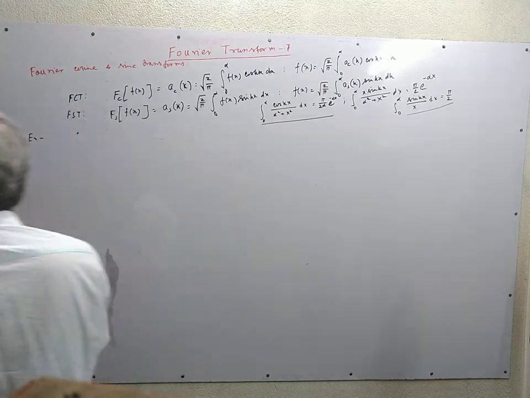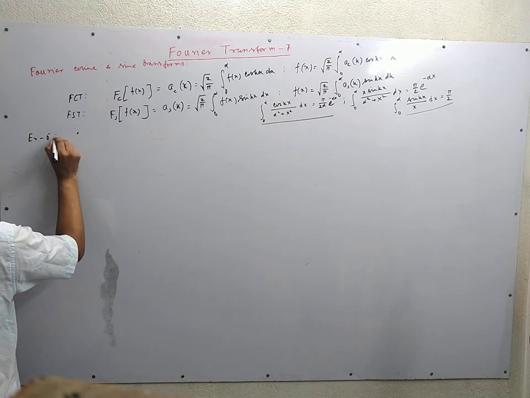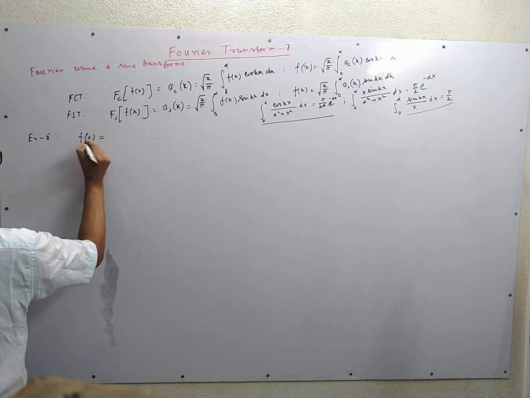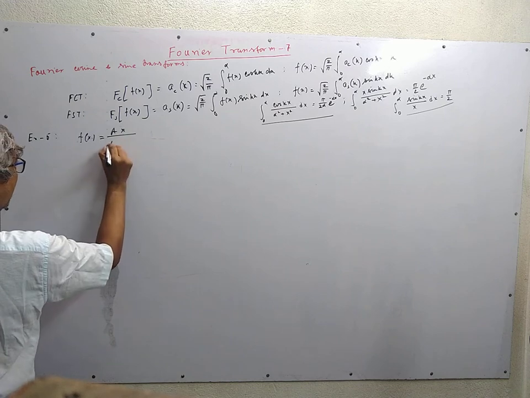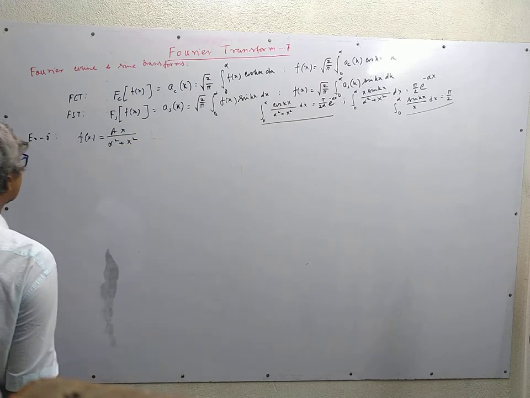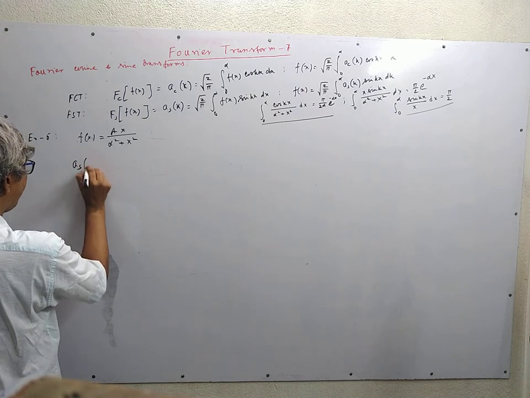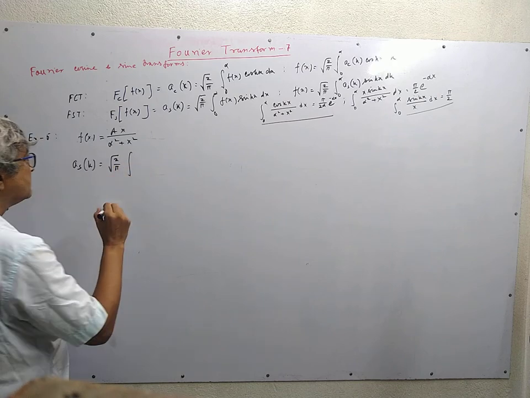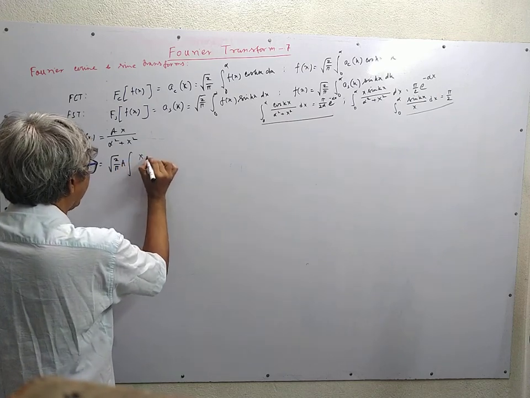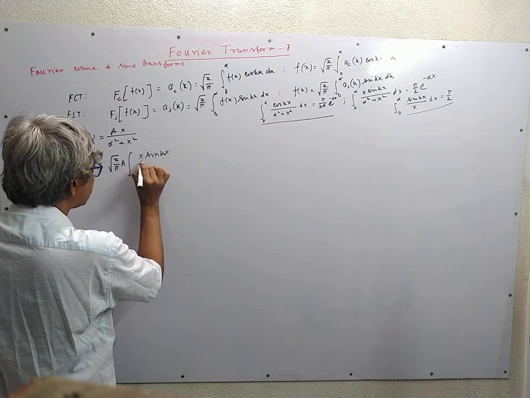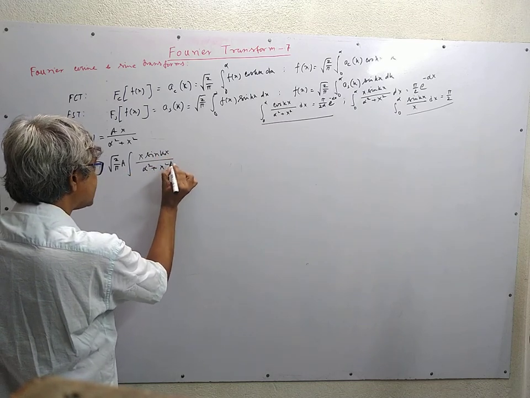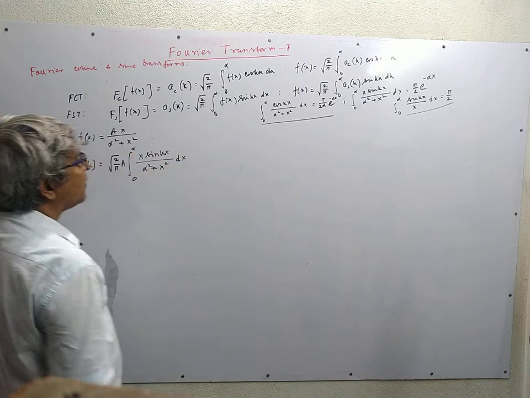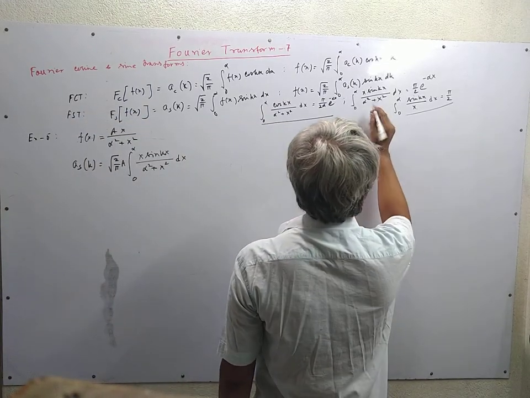Note that this function was an even function, so we write f of x is equal to a x over alpha square plus x square, and its Fourier sine transform is, a will come out, x sine kx over alpha square plus x square dx from 0 to infinity. For this we use the second relation, this one.